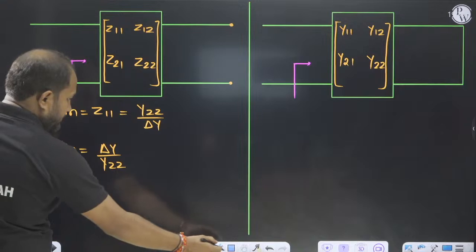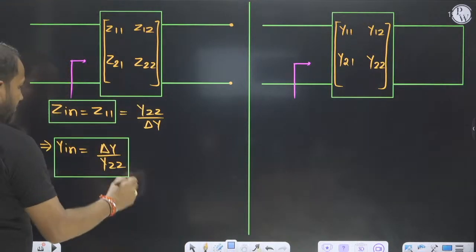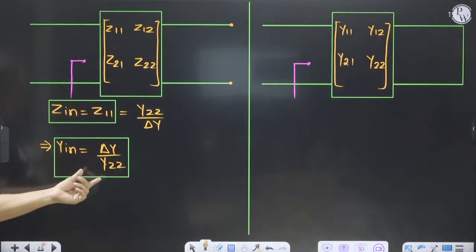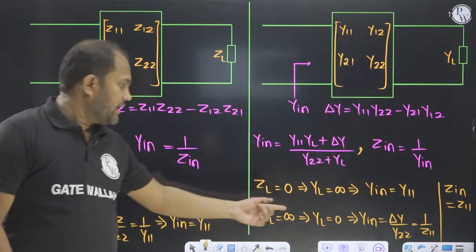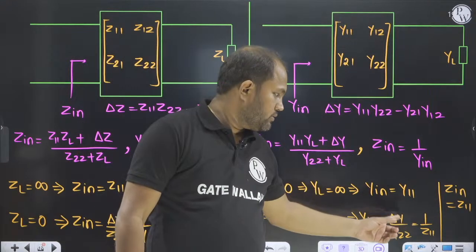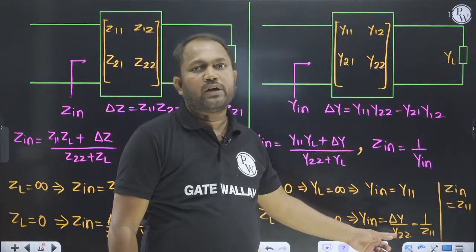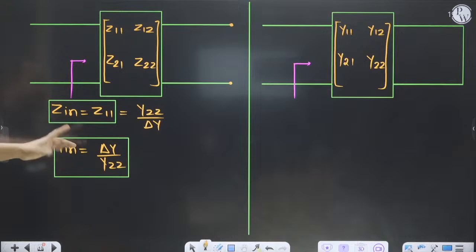So the formula of Zin is this one in terms of Z, and the formula of Yin is this one in terms of Y. We have derived for ZL infinite, Zin is Z11, and Yin will be equal to delta Y upon Y22. So this is the condition for open circuit.